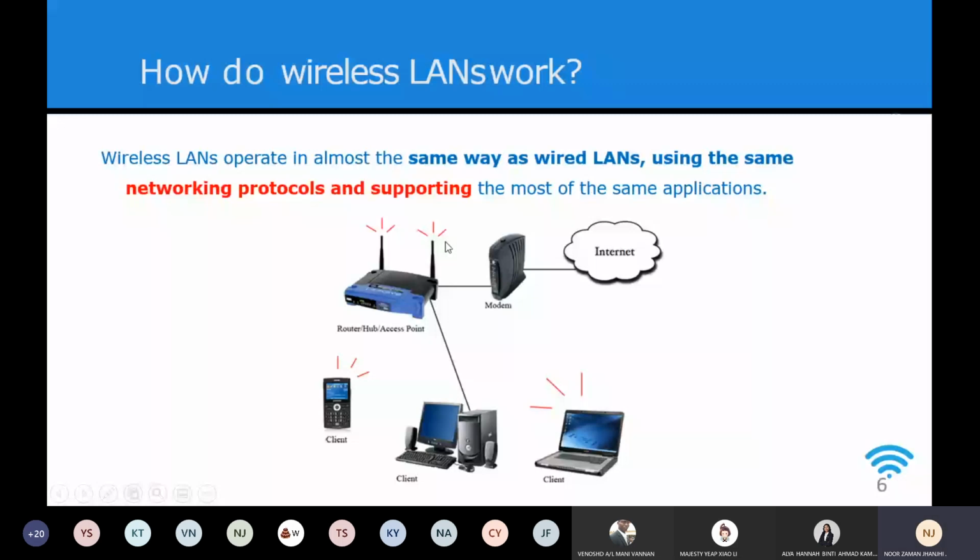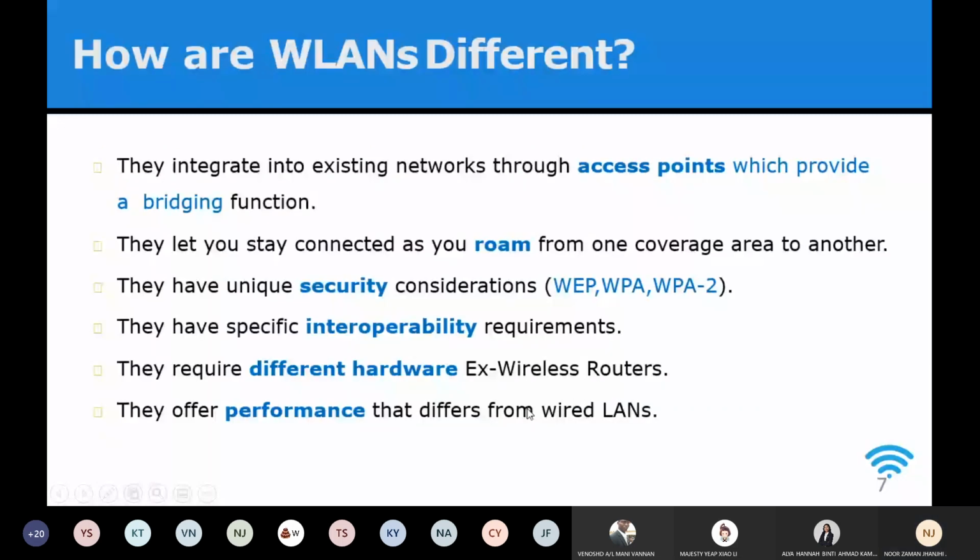Going ahead, now what happened? The access point is always playing a very important role in our wireless networks. They integrate into the existing networks through the access point, which is actually providing the role of bridging.